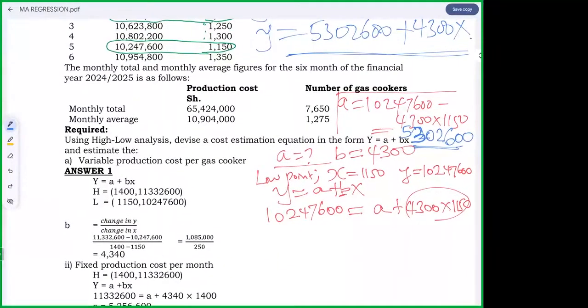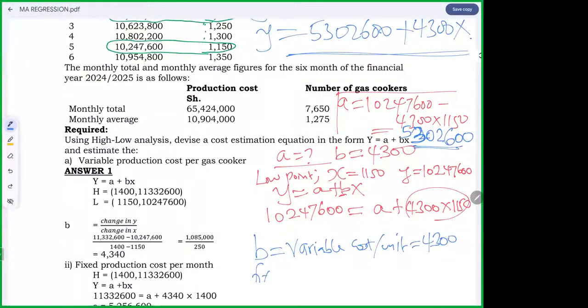Ladies and gentlemen, then they wanted us now to go ahead and tell them what is the variable production cost per gas cooker. So remember that is B. Y equals A plus BX. B is variable cost per unit. So you tell them B, which is variable cost per unit, is what you had already gotten, 4,300.